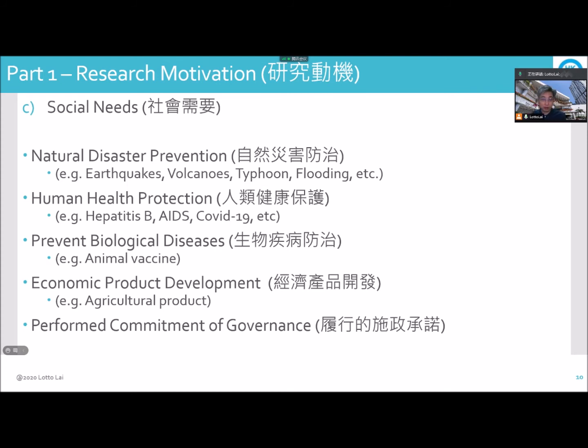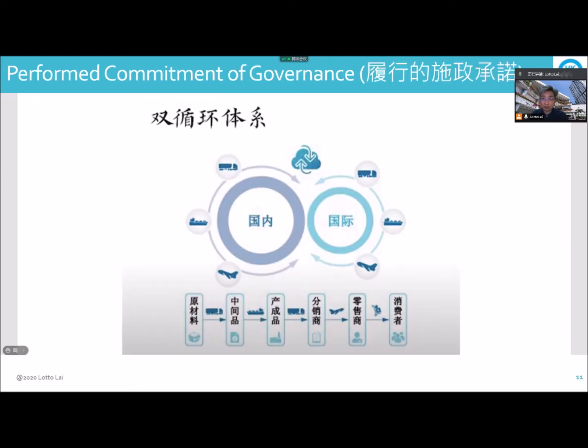So we have many commercialization research projects proposed by government through their funding and cooperation with universities. Some government performance commitments in China are very hot for the two circles: internal and external business economic research.